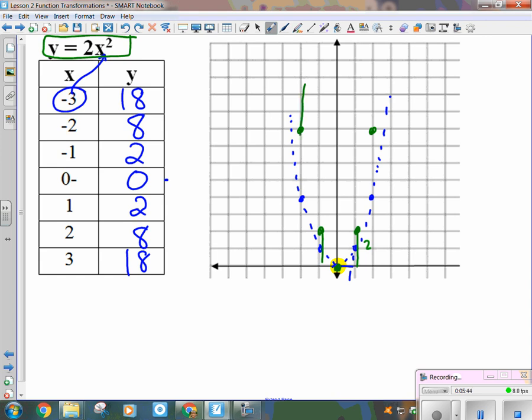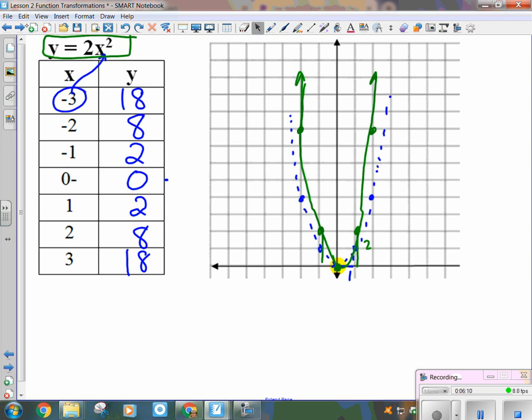But what do you notice about the graph for 2x squared? Did you happen to notice that it's skinnier? It almost looks like someone's up here, and I can't draw a hand, but I wish I had a hand up here stretching it upward, and it pulls it in together, so it's closer to the y-axis.